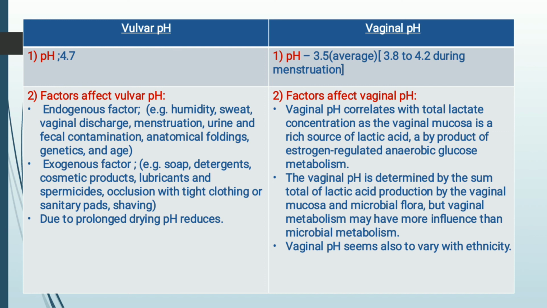In the vagina there are a lot of microbes represented by different species of the genus Lactobacillus, and there is one single mechanism, estrogen regulated anaerobic glucose metabolism, which leads to the formation of lactic acid. Lactic acid is very important for the vagina, as it maintains the vaginal pH.